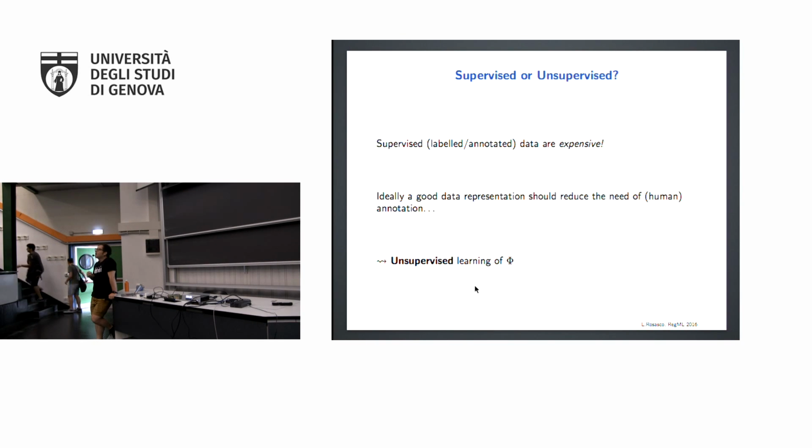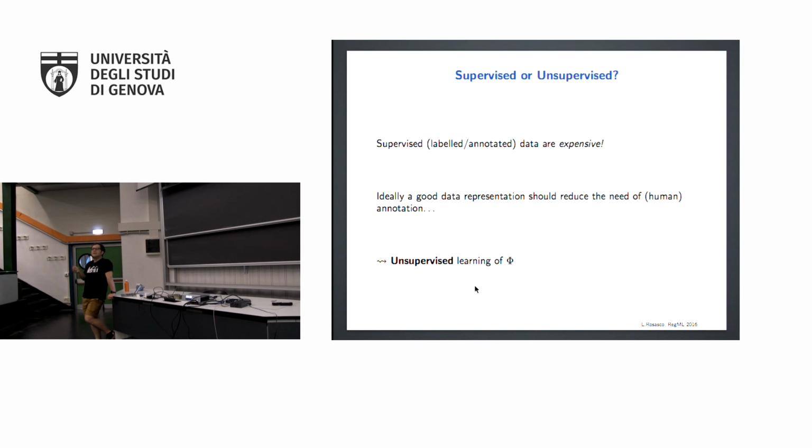Now, it's debatable whether this process should or not be supervised. Because on the one hand, if you have labels, it's pretty clear what your goal is. You want a representation which is good to make predictions better, to solve your supervised problem in a better way. On the other hand, labels might be hard to get in some cases, and in any case, they are an expensive process.